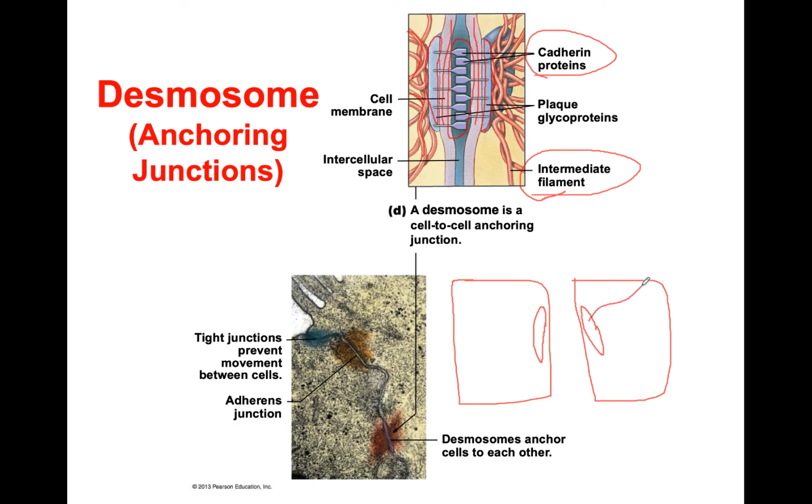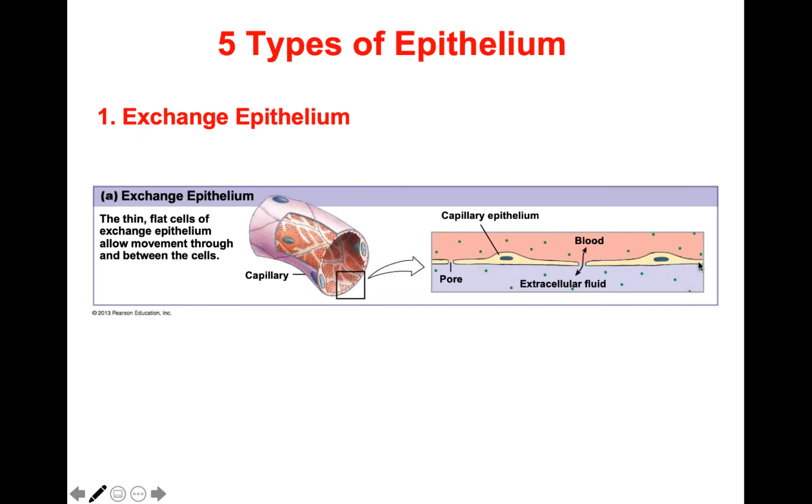That plaque is connected to all the intermediate filaments that go deep down into the cell. So you've got a nice anchor deep into the core of the cell. And then they connect together using those cadherin proteins across the middle of the cells. So 3 types of cell connectors, and they have their own names for the proteins that I need you to know.